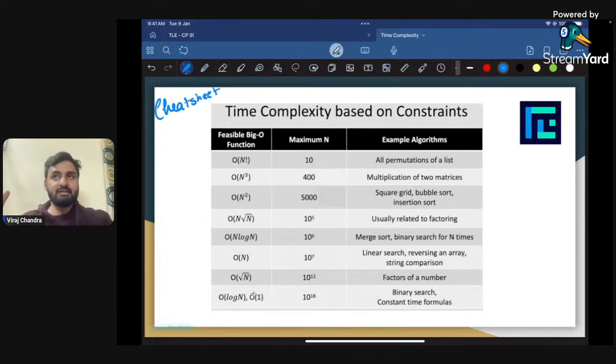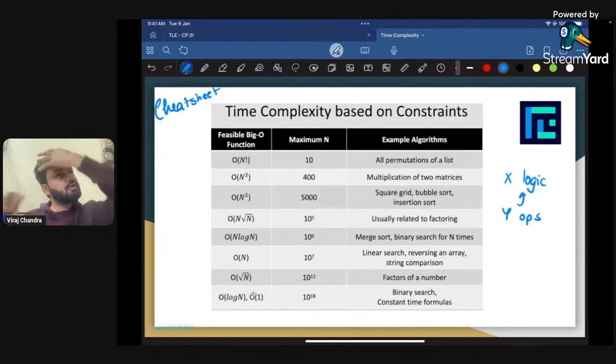Now when tomorrow you solve a problem and you know in the back of your mind that if there was an x logic and that x logic required y amount of operations to run, and you also have this table in your mind as a rough estimate, then you will be able to guess quickly whether you can apply this logic in the problem or not.